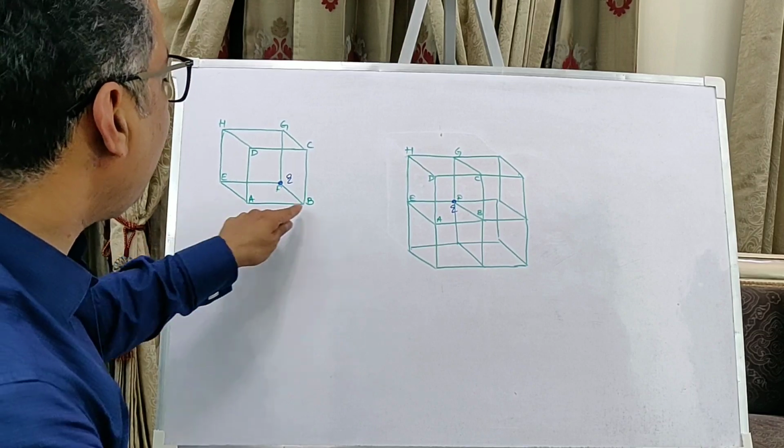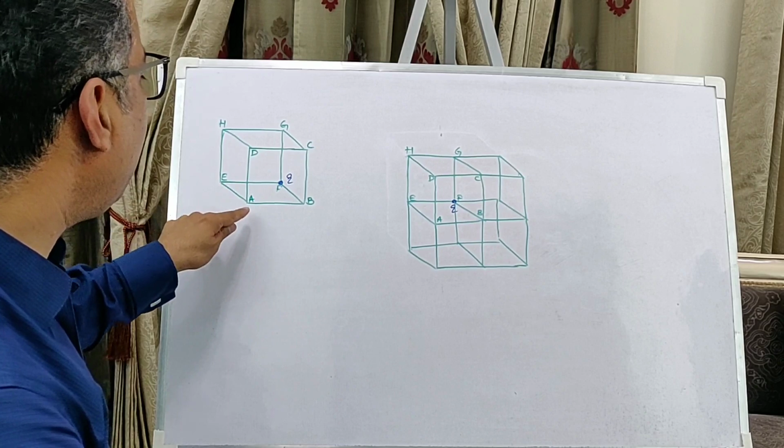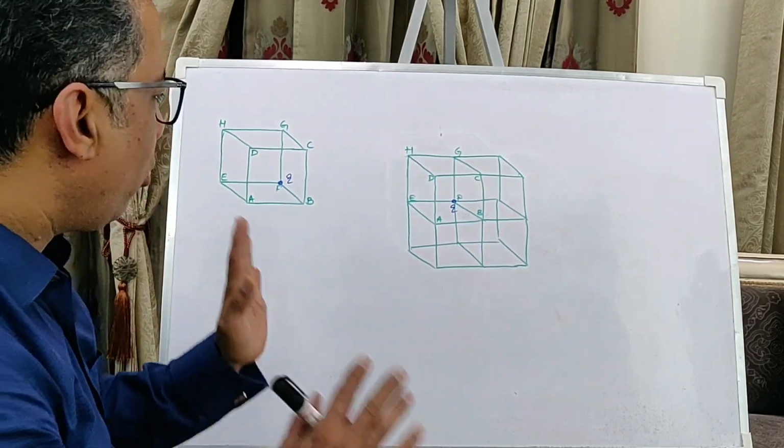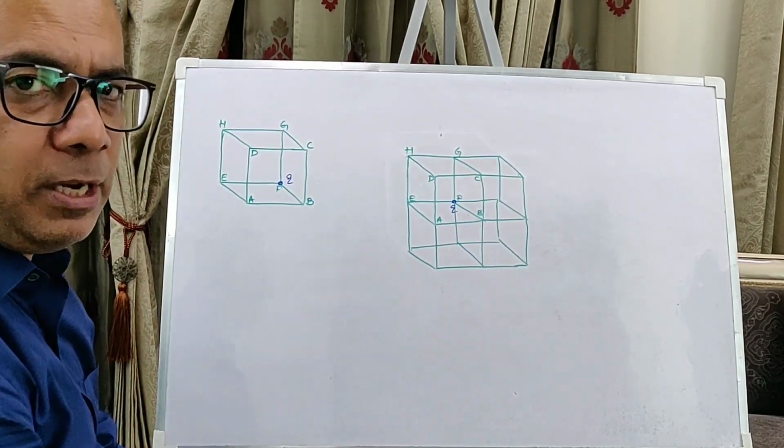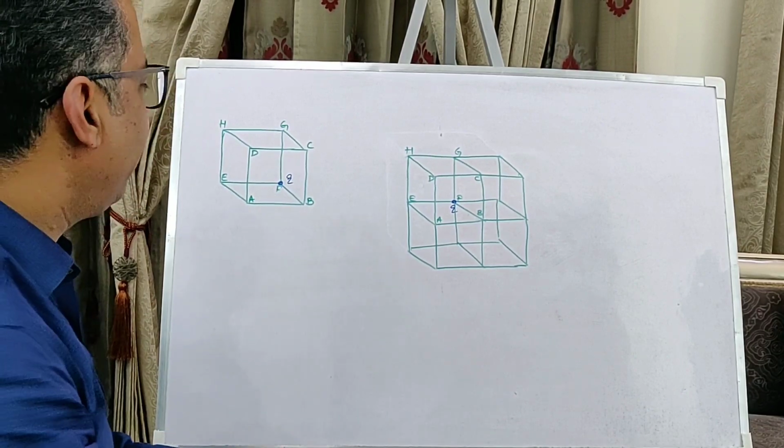The flux on ABCD, DCGH and EADH, on these three the flux will be identical, but it will definitely be non-zero.